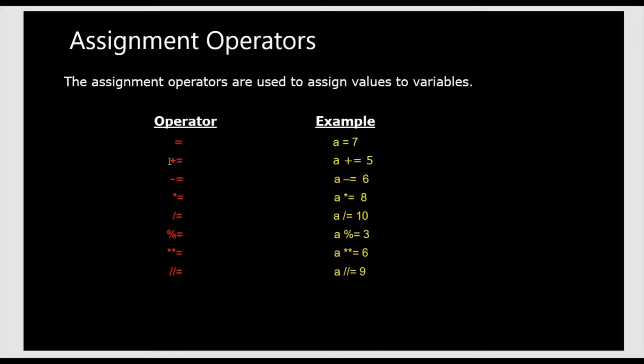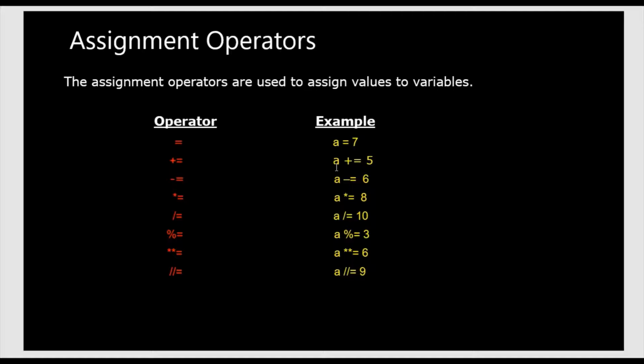And the next one is assignment operators. Assignment operators are used for assigning values to variables, like equals, plus equals, minus equals, asterisk equals. That means addition assignment, subtraction assignment, multiplication assignment, division assignment, modulus assignment, and exponent assignment. For example, a += 5 means a = a + 5.